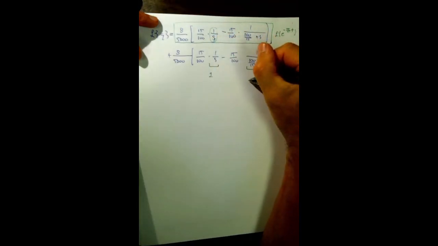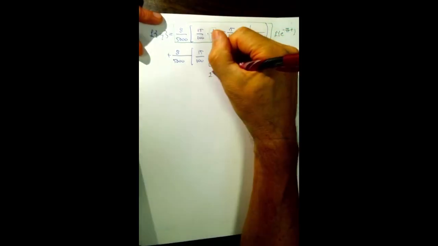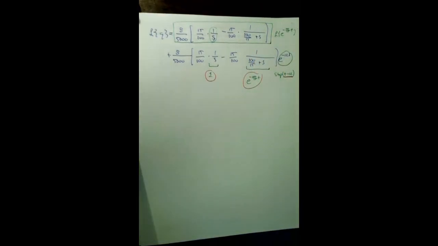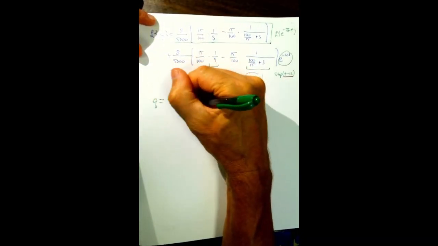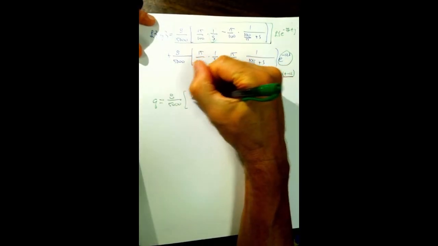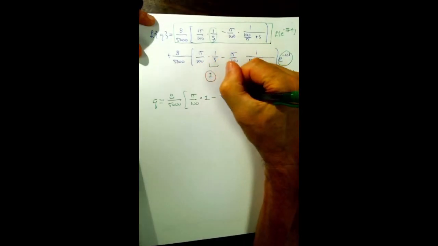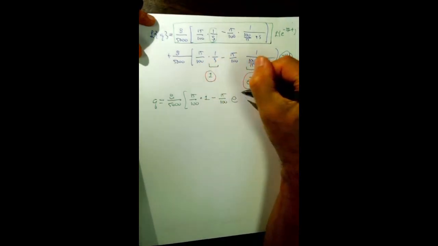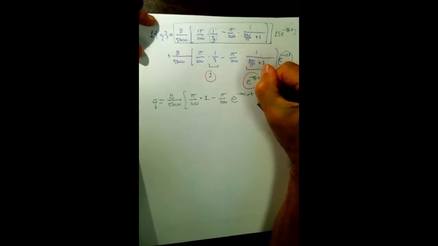This looks like Laplace transform of e to the minus 100 over 15 t. But everywhere I see a t in these expressions, I have to replace it with t minus 12. So my q then is going to be 8 over 5,000 times the quantity 15 over 100 times 1 minus 15 over 100 times e to the minus 100 over 15 t.